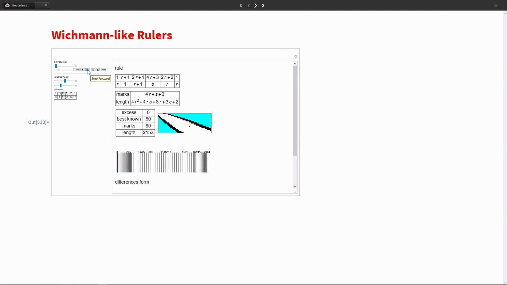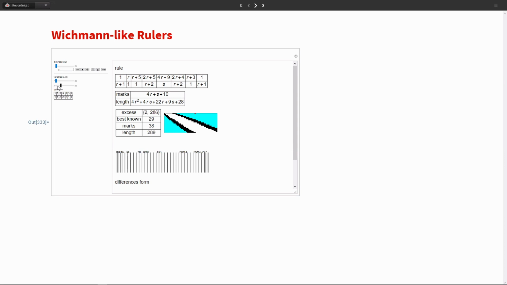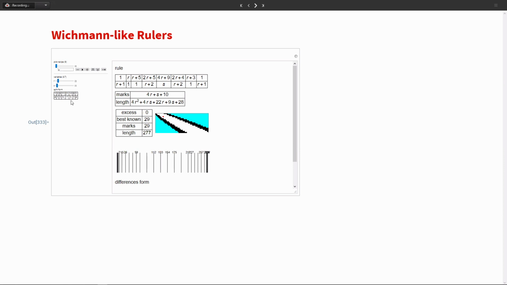So here is a demonstration of Wickman-like rulers. It's on the demonstration project. You can basically play with these different recipes. So for example, here's recipe number 9. It uses this set of values, and this is what the ruler looks like for those R and S. And over here is the split form of that ruler.